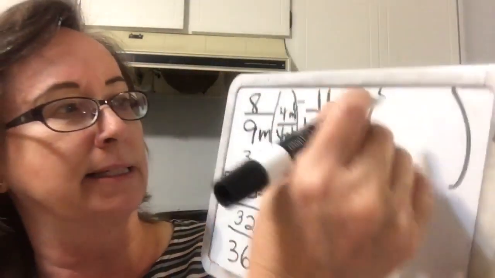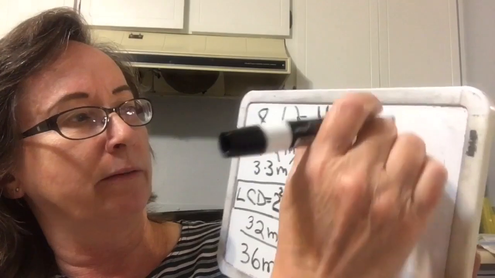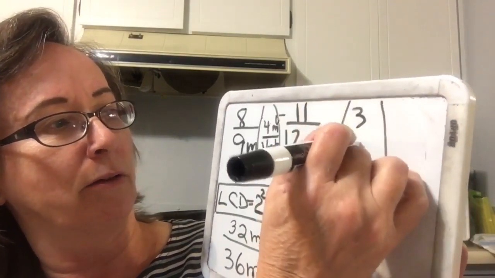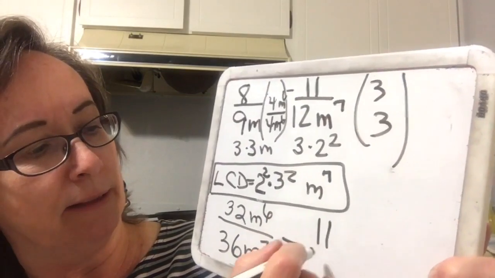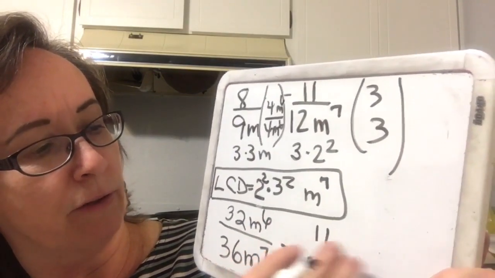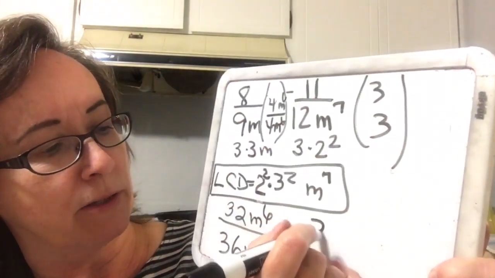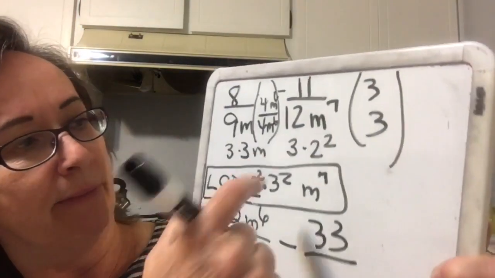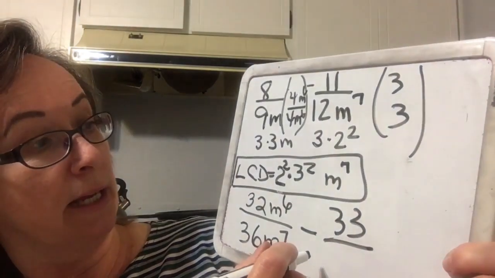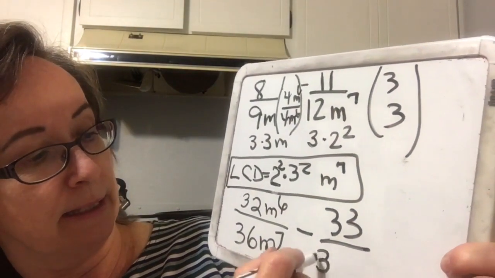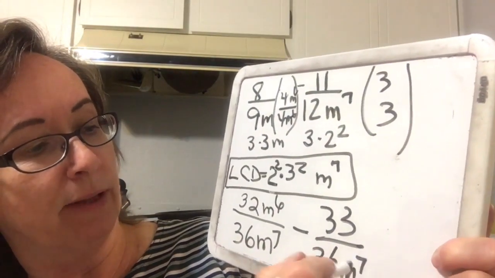So all we need is a single 3, so I don't need quite that big a, so 3 over 3. So this one is going to be minus 33, excuse me. 11 times 3 is 33. And then I have my LCD on the bottom, which is 36 m to the 7th.